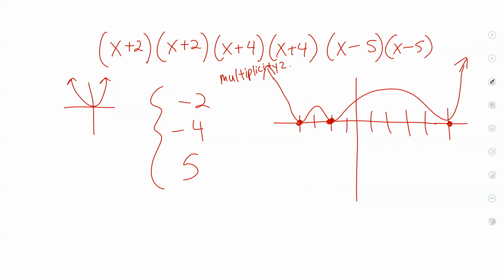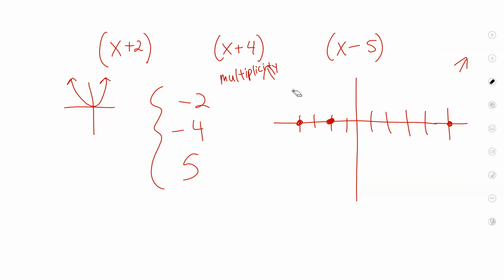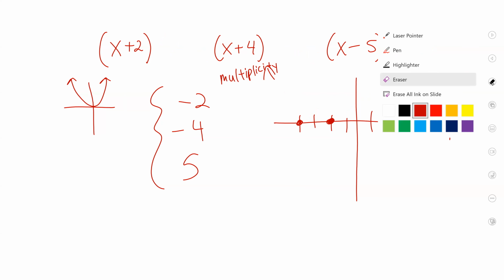Yes. I don't know if it's possible, but what would it look like if you don't have the pairs with it? Okay, good question. So let's say I don't have this, I don't have this, and I don't have this. That means each of these are multiplicity of 1. And what degree polynomial is this now?